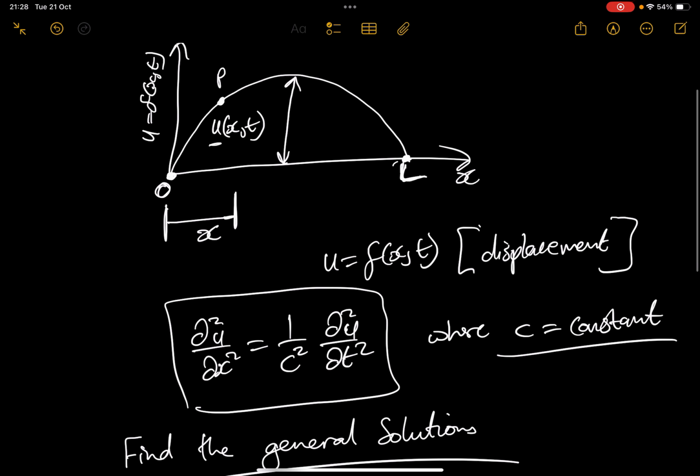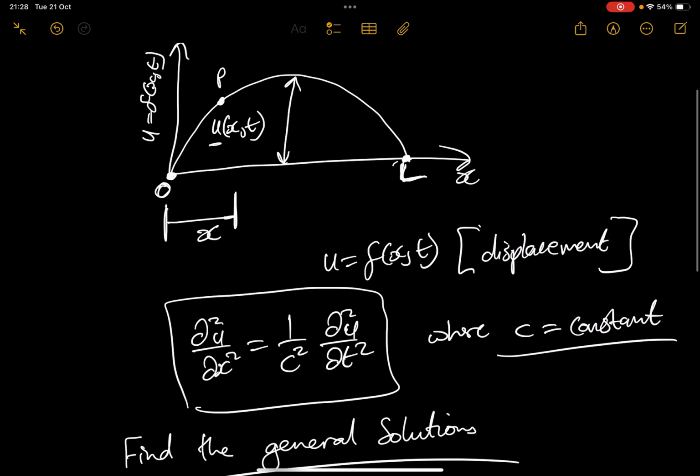So I'm just going to go straight to the auxiliary equation. This is going to be m squared minus mu equals 0. Same thing here, m squared minus c squared mu equals 0.